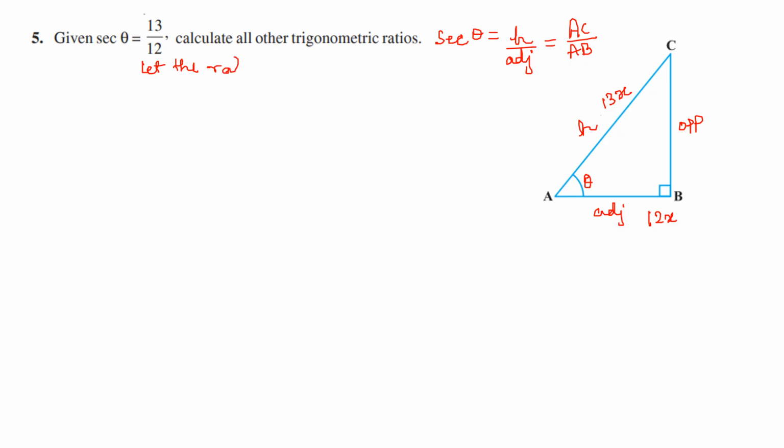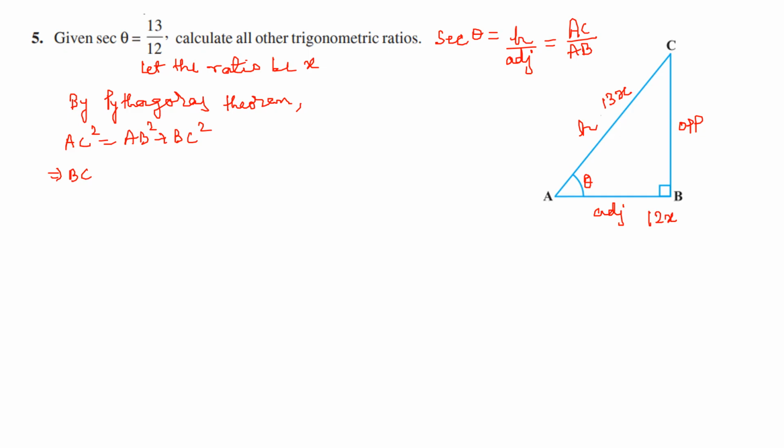Okay, now you can see that the measure of BC is missing. So we have to use Pythagoras theorem again. By Pythagoras theorem, we can say that AC square is equal to AB square plus BC square. And I have to find BC square. So it will be AC square minus AB square.